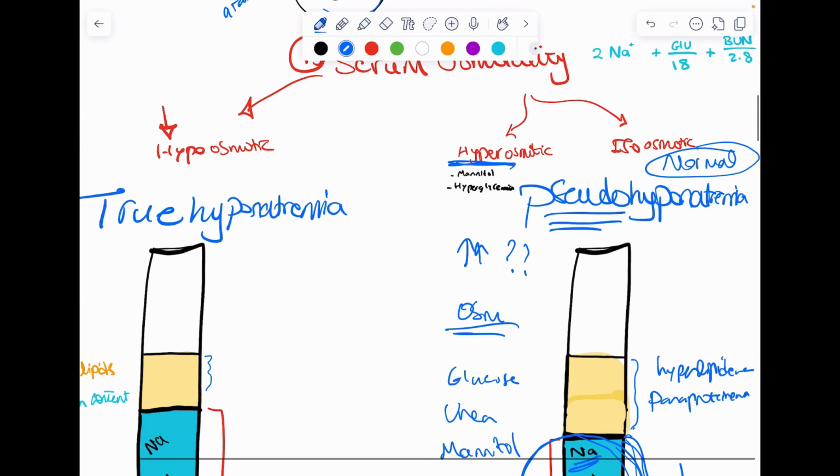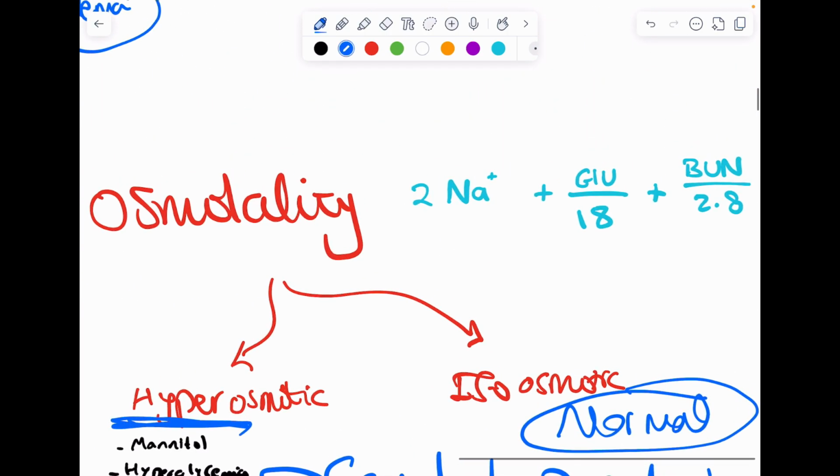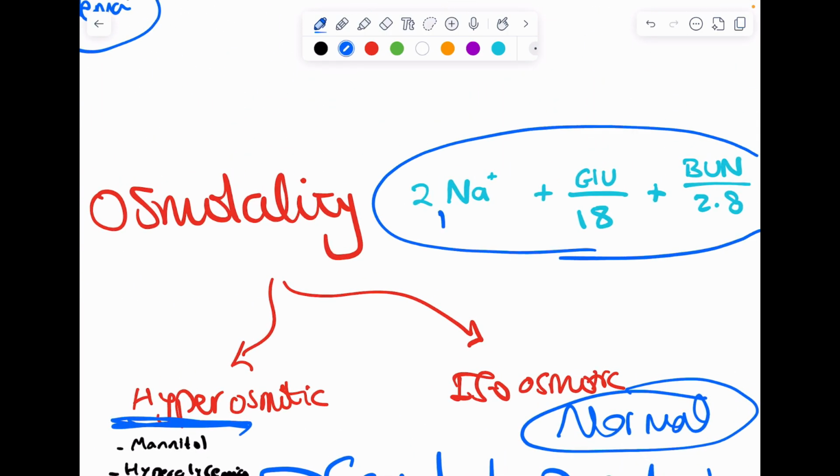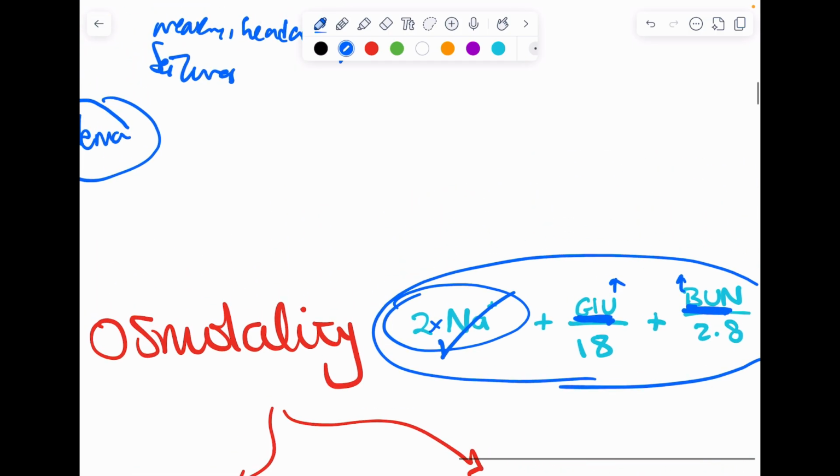And that brings us to the topic of serum osmolality, which is determined mainly by sodium, contributing 2 times part of the equation, but also determined by glucose and urea. And so if these levels are high, it would also increase serum osmolarity. But why would it decrease serum sodium?